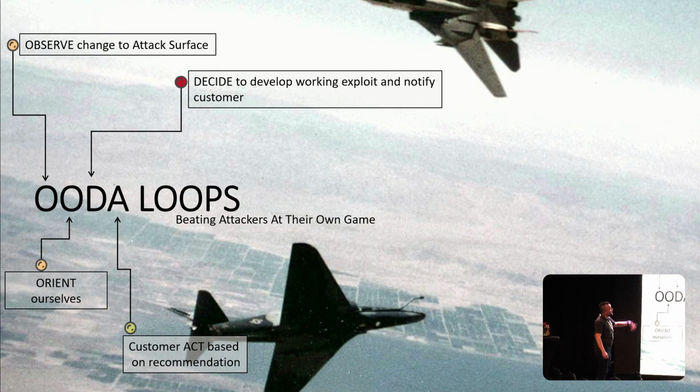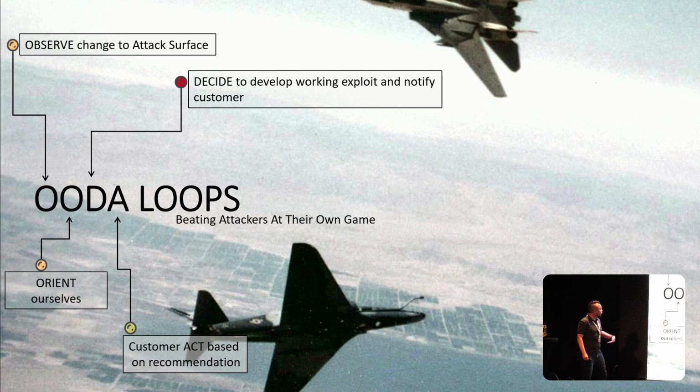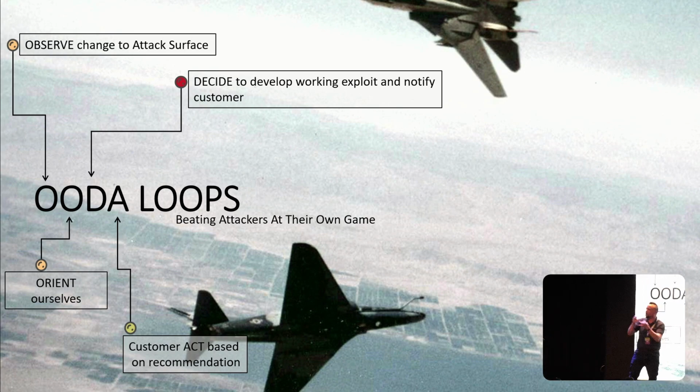Inspired by the military, which we are quite a bit in River, we believe that if we are faster than the threat actors out there to observe changes to attack surface, if we are faster to orient ourselves and ask ourselves the question, does this allow us to compromise the customer? Is there GDPR-sensitive data? Is there a way for us to run code? Can we do a denial of service?